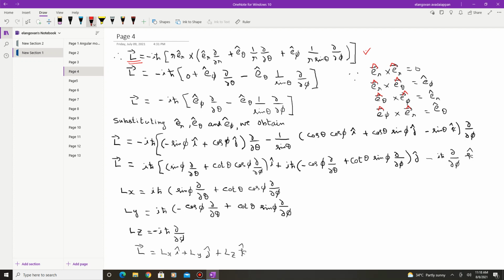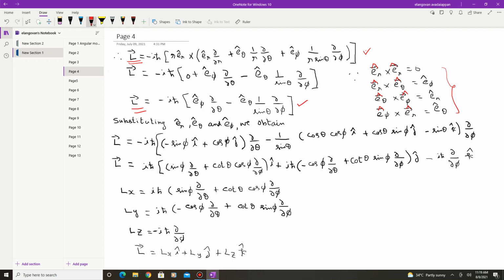By using this, you can substitute and get the expression for L. L is equal to minus h cross e suffix phi d by d theta minus e suffix theta 1 by sin theta d by d phi. So you get this expression for the angular momentum.